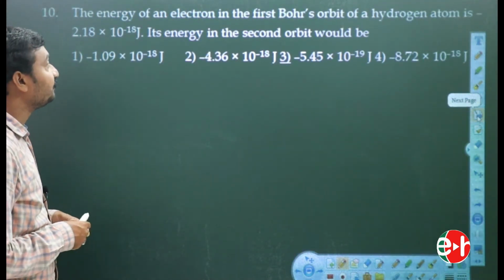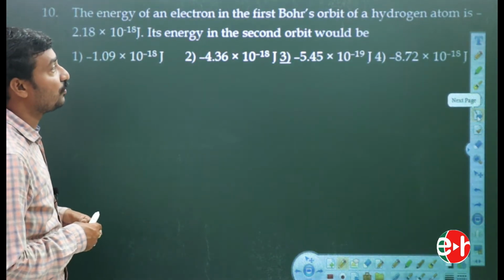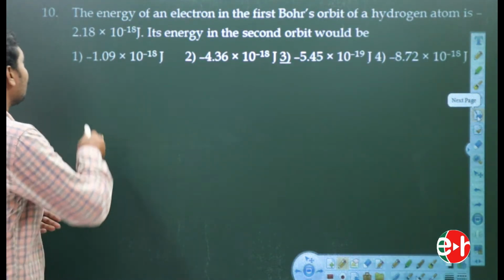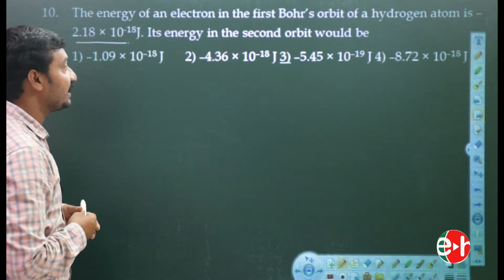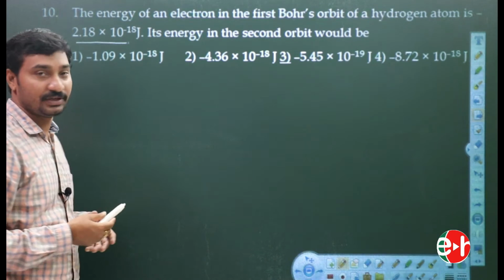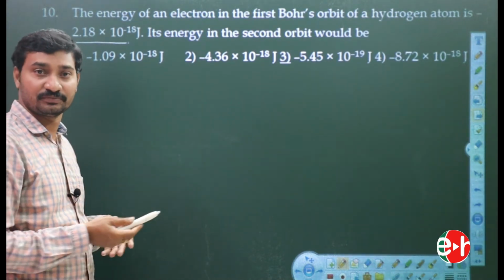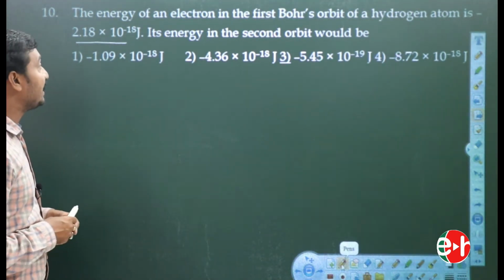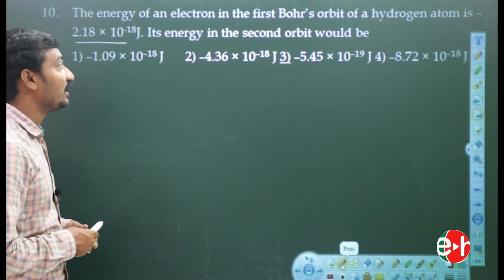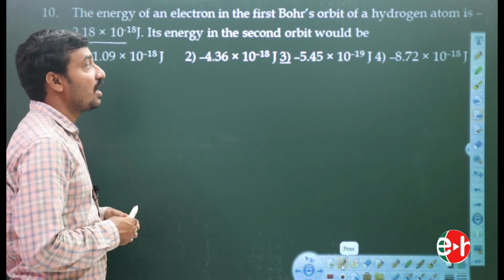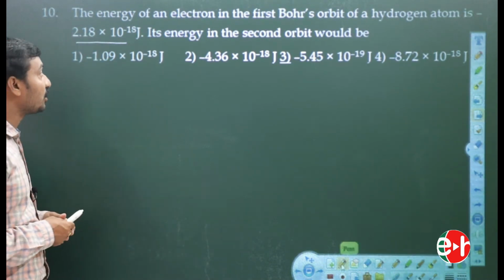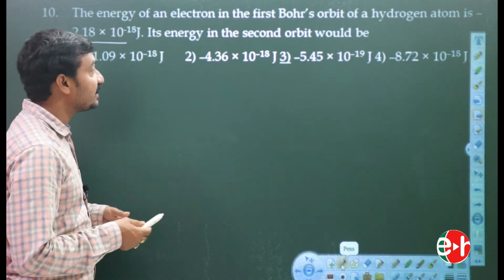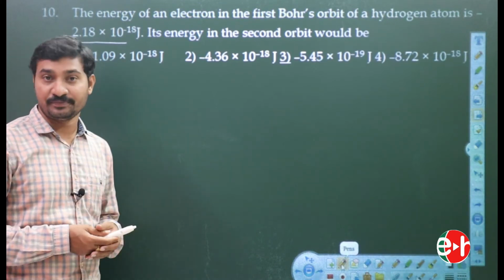The energy of an electron in the first Bohr orbit of hydrogen atom is 2.18 into 10 to the power of minus 18 joules. Its energy in the second orbit would be... You can take the ratio, as we previously discussed.